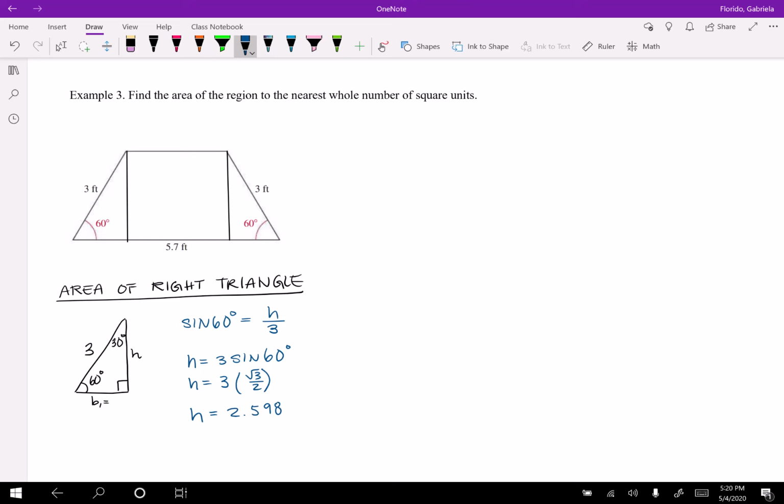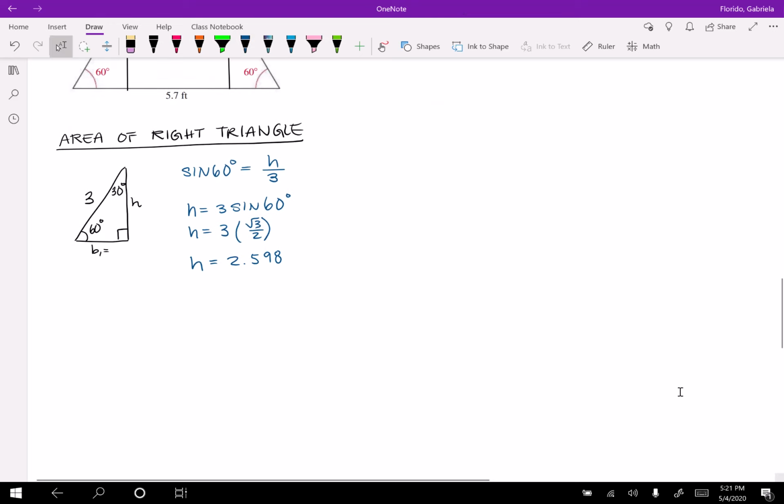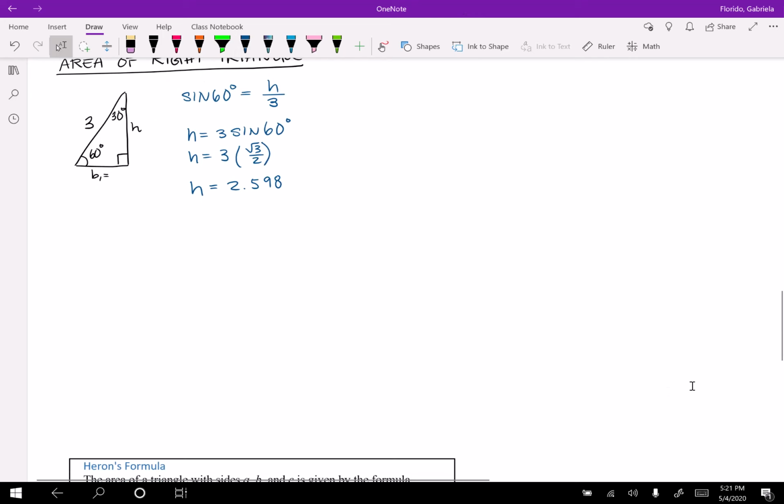All right, now I'm going to find B1, or the base 1. So I'm going to use cosine here, and so I have cosine of 60 degrees is equal to B1 over 3. And so I have B1 is equal to 3 cosine of 60 degrees.